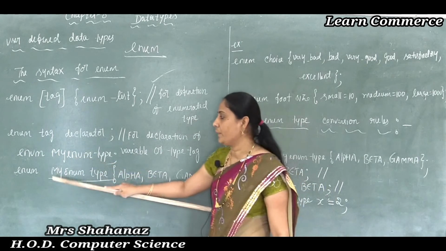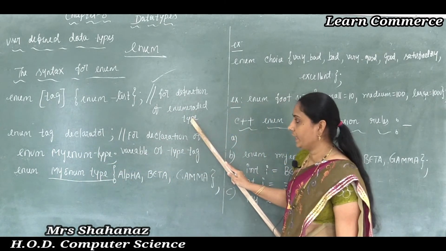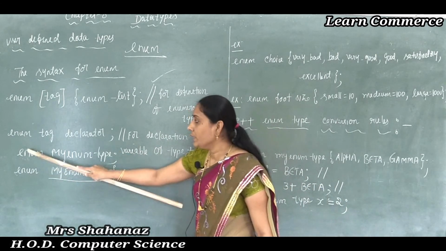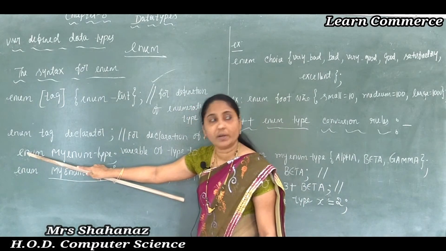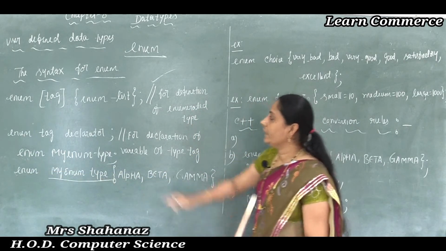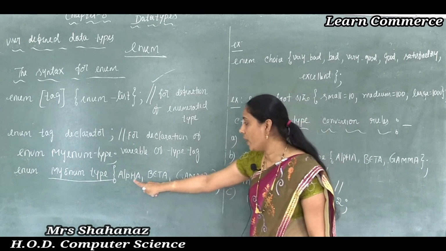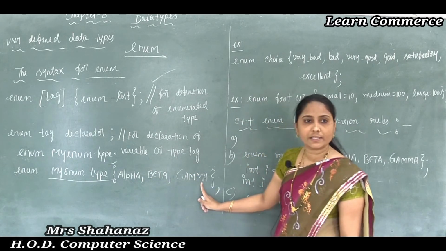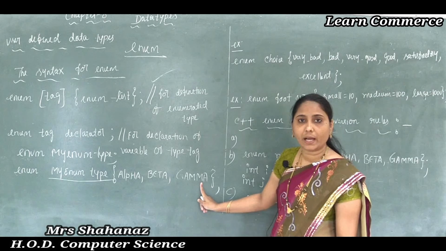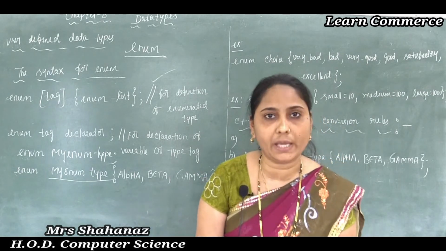Now afterwards, what I am using is called the definition of the enumerated type here. We start by using the keyword enum only, enum my enum type here, and later the enum list I want to create as alpha, beta, gamma. Here no values are provided to the variables, correct?